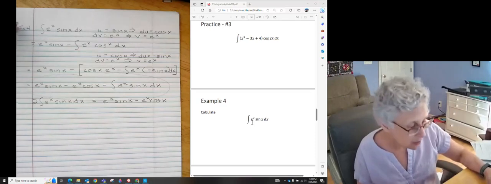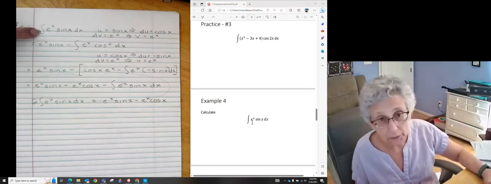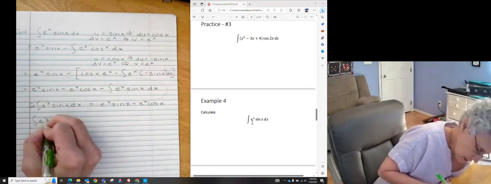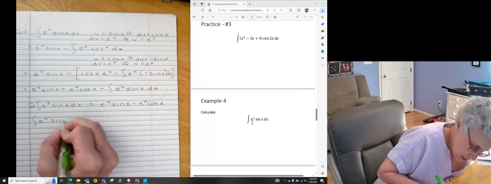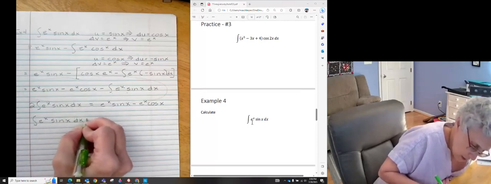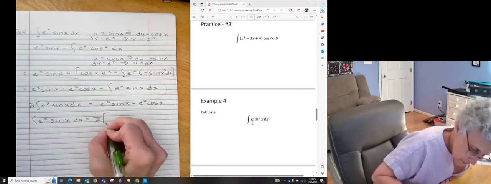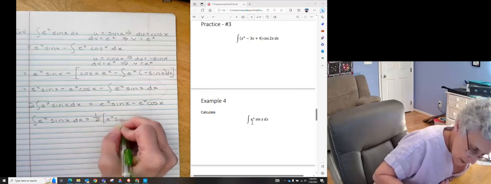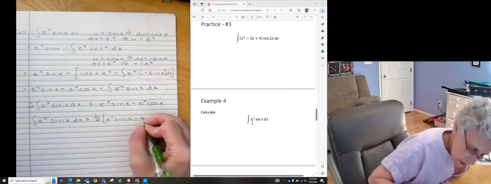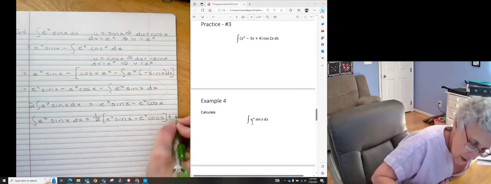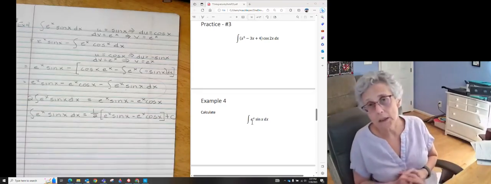Well, my goal was to figure out what just the plain old integral was. So the integral of e to the x sine of x dx is equal to 1/2 of e to the x sine of x minus e to the x cosine of x. And at some point you need to add c in there.